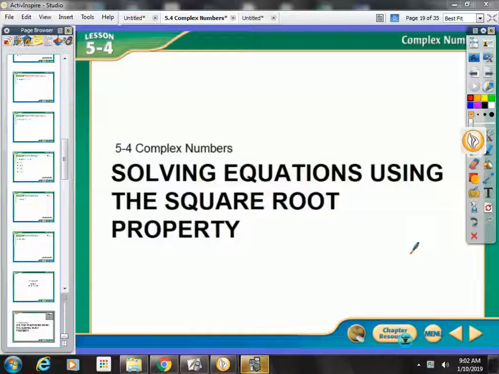This is still section 5.4, complex numbers. Yesterday we learned what a complex number is. Go ahead and take out your notes and we'll go from there.